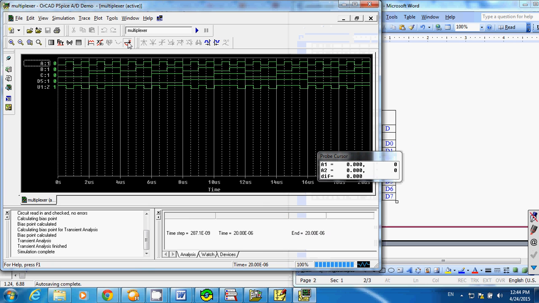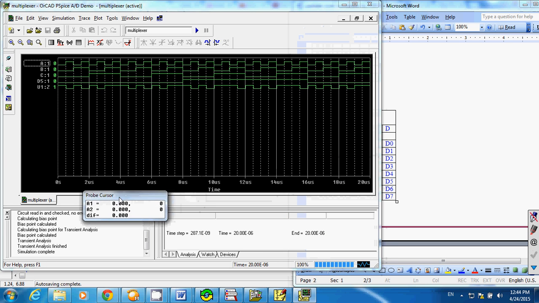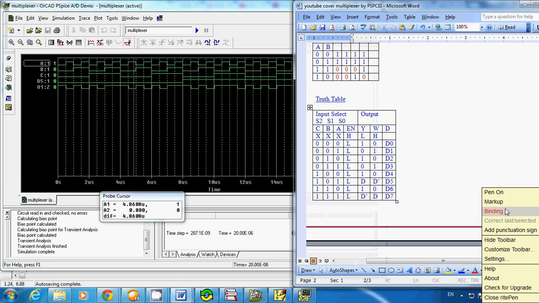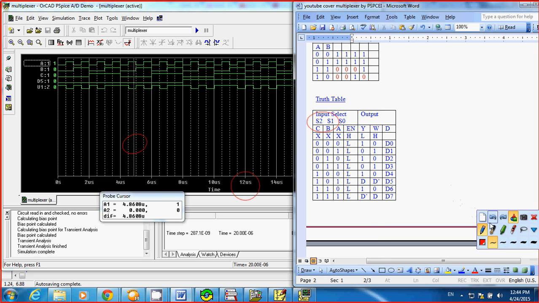Okay, I'm going to bring up the cursor, right, to help us to see your digital logic at each stage. So let's start with the input 0, 0, 0. Supposed to get output to be 1, right?